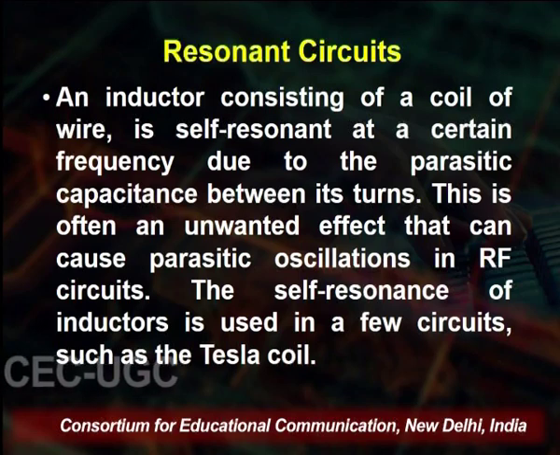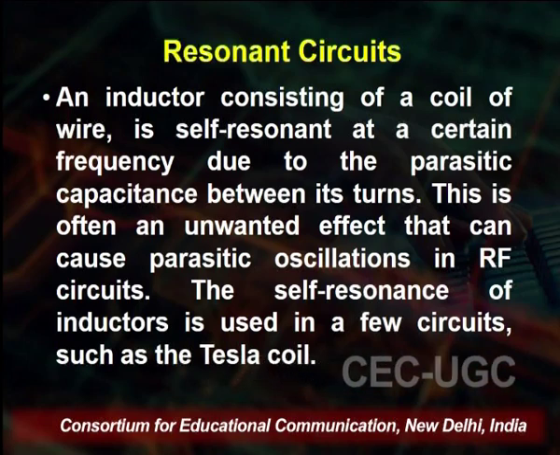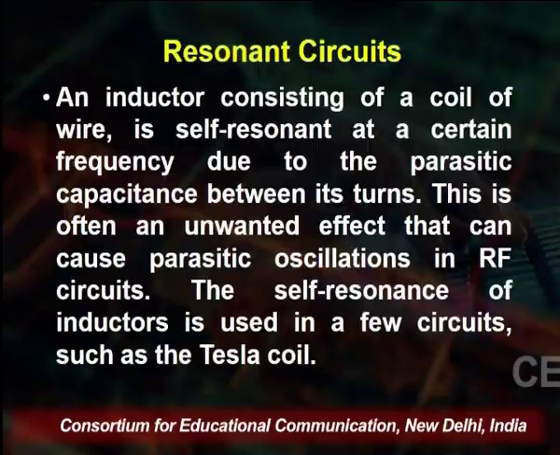The self resonance of inductors is used in a few circuits such as the Tesla coil. It means we use a resonant circuit in the Tesla coil whenever we find the self resonance.